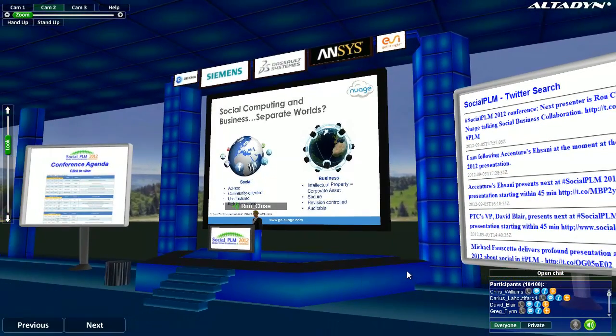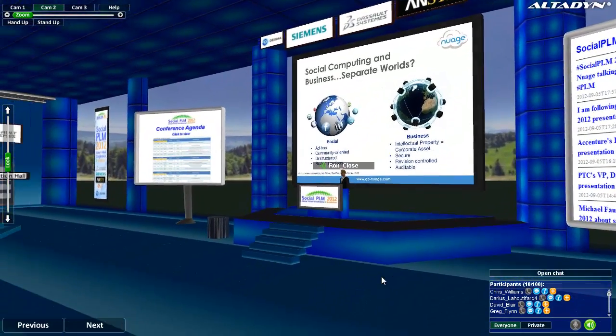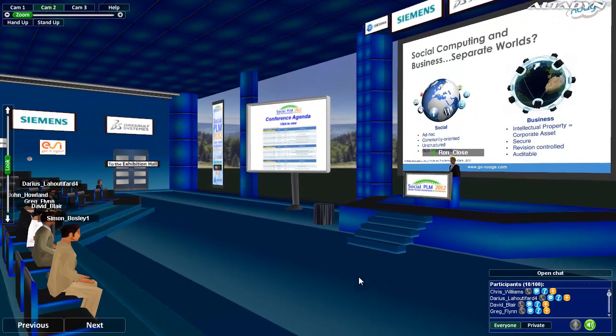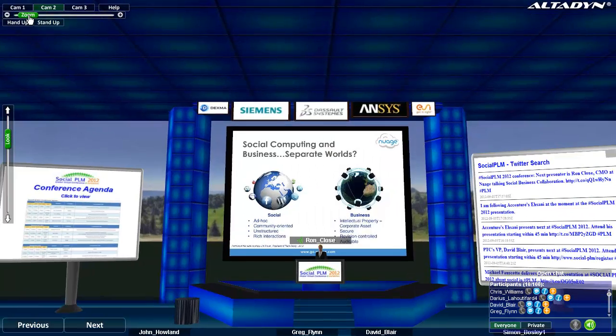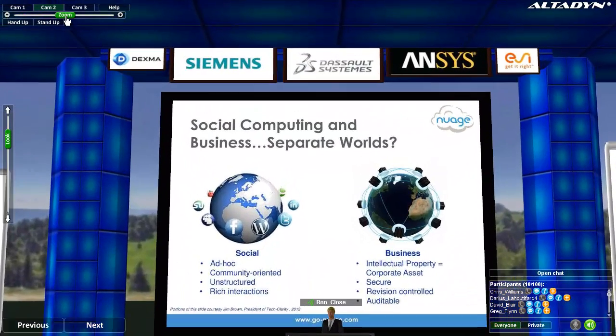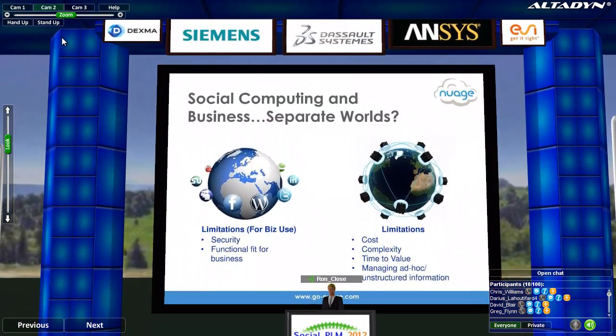Now, if you think about the limitations of using social computing in the business world, there is a perception that there are security risks, some of the perception real, some not. We'll talk about that in a little while. And putting your company assets outside the firewall is something that could always be a bit unnerving for companies.